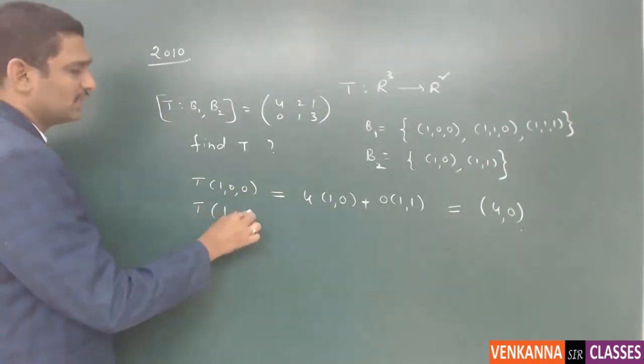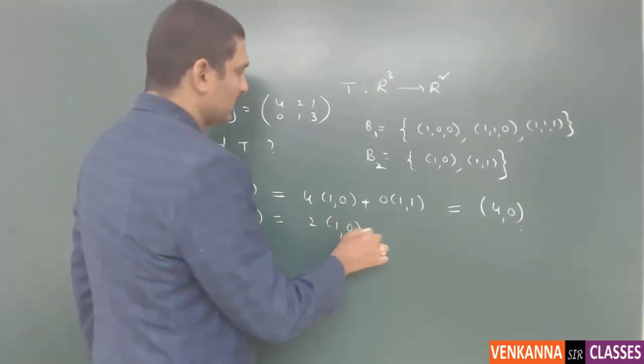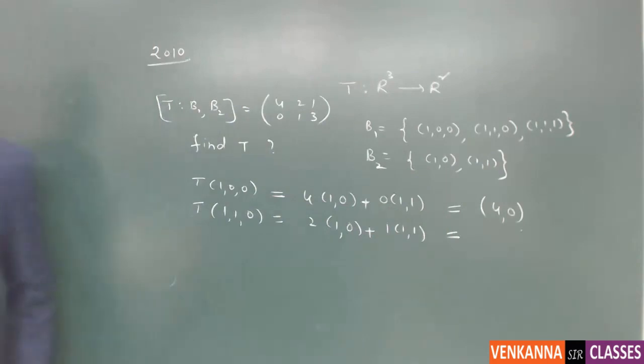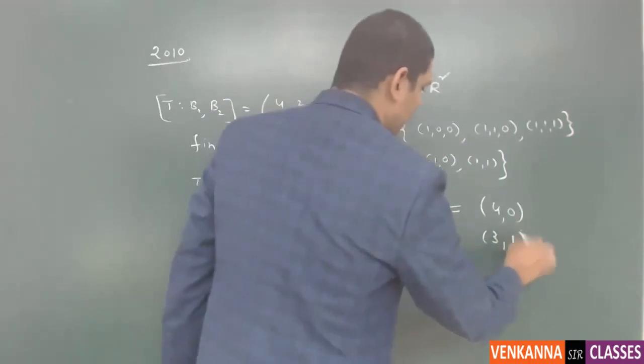T of (1,1,0) is nothing but 2 into (1,0) plus 1 into (1,1), which is resulting in (3,1). I will repeat that again.